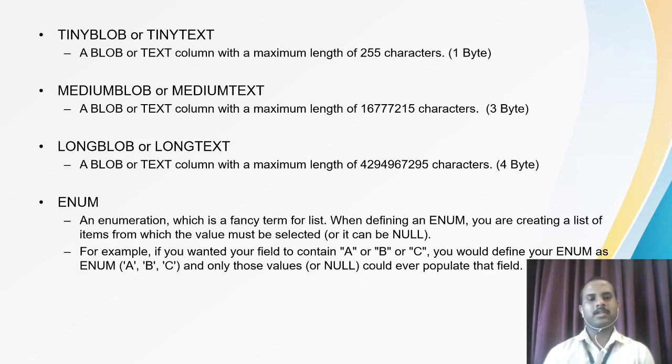So you are going to use the enum here, and when you are creating the enum, you are going to fill that with certain values or a list of values, and only those values can be used in that particular place. For example, in the given example, I have used A, B and C. So I can use only A, B and C for that particular attribute.